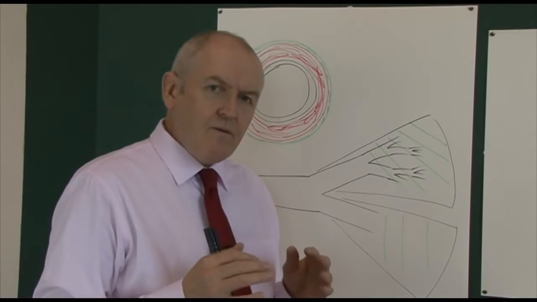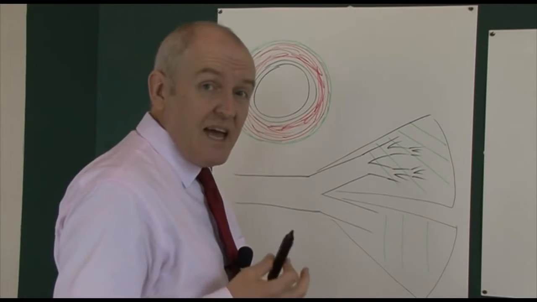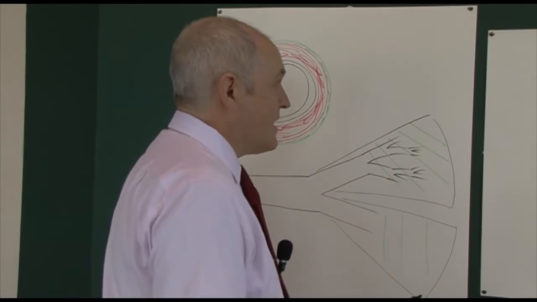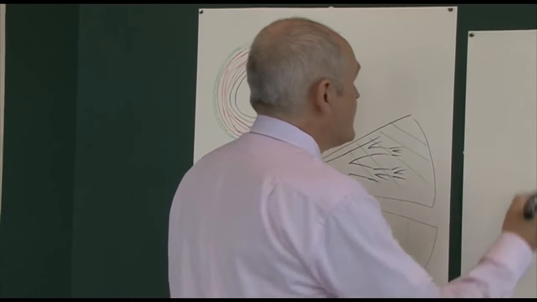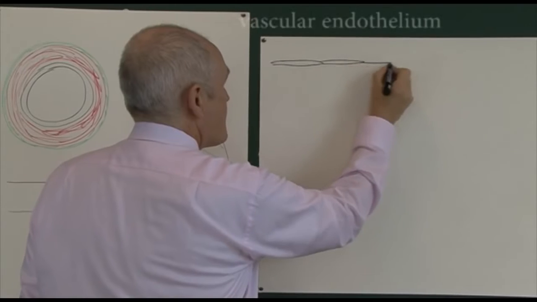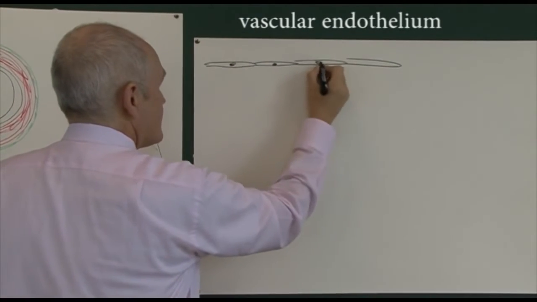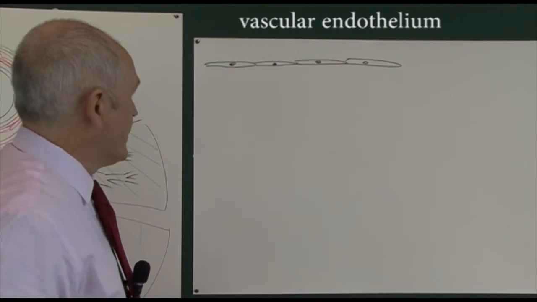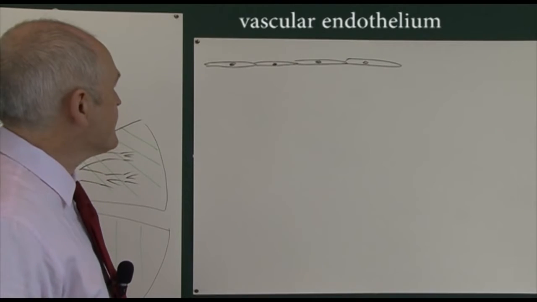Now, to understand atheroma, we need to look at a little more detail about the vascular endothelial layer. And it is just that, it's a layer of endothelial cells. So here we have the inner layer of endothelial cells, squamous epithelial cells, each with their own nucleus, cytoplasm, cell membrane.